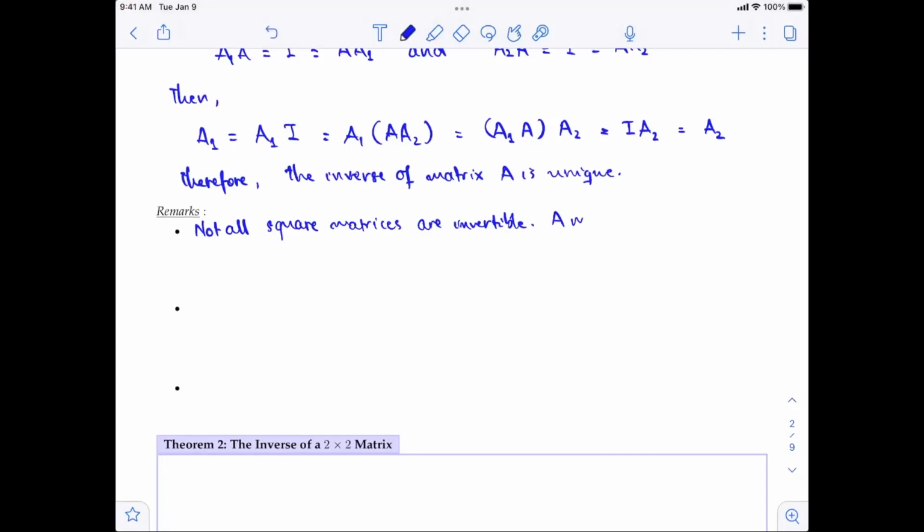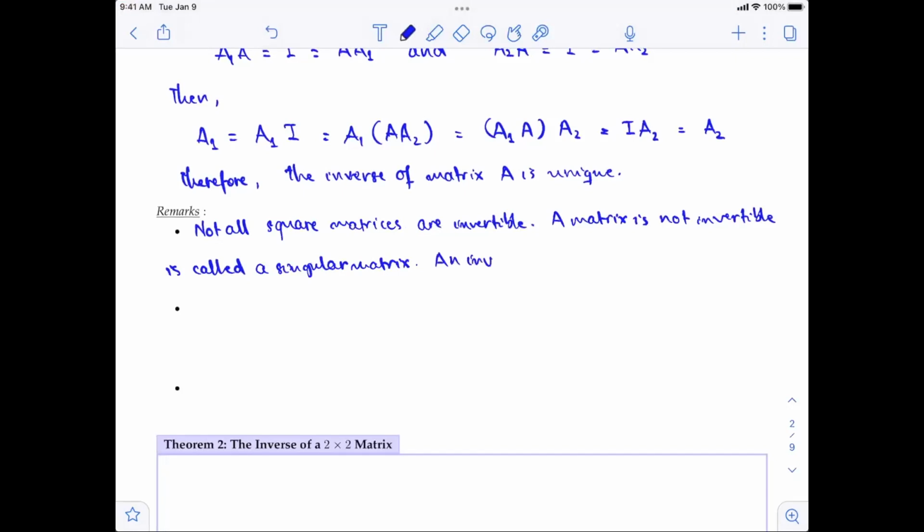A matrix that is not invertible, meaning you cannot find the inverse of the matrix, is called a singular matrix. Right. And an invertible matrix is called a non-singular matrix.